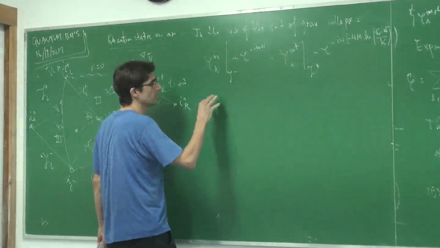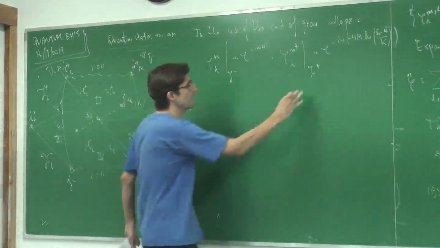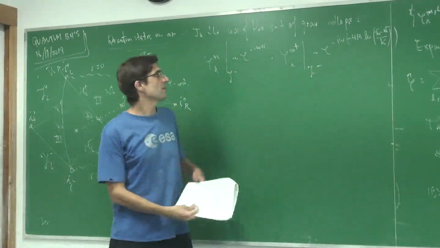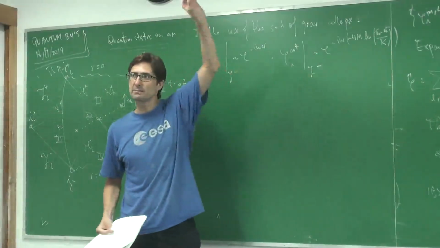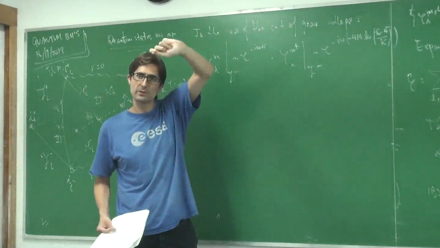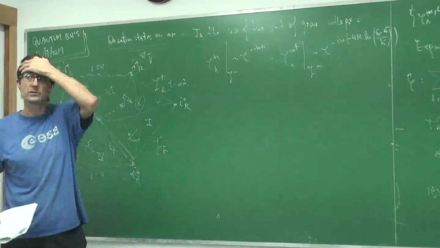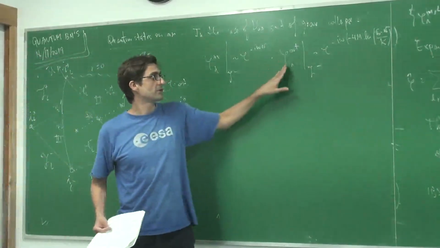This was chi minus. We got this by tracing back the mode at chi plus, which was purely outgoing, the exponential of minus i omega u at chi plus.